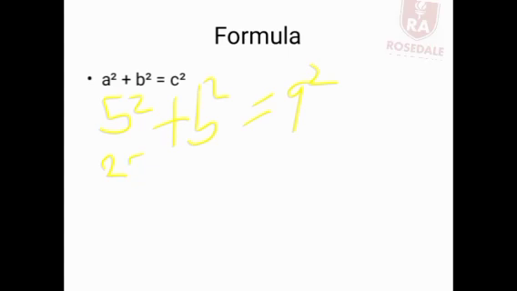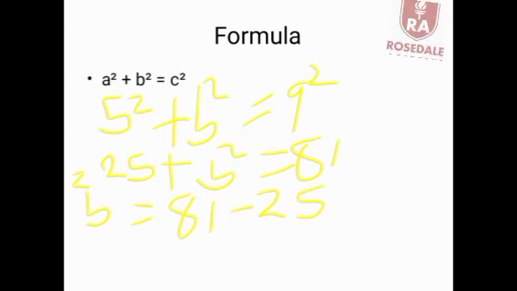Our b is still unknown, and we have 9 square. 9 square will give us 81. You can see that. So at this moment, we're going to take b square equals 81 minus 25.